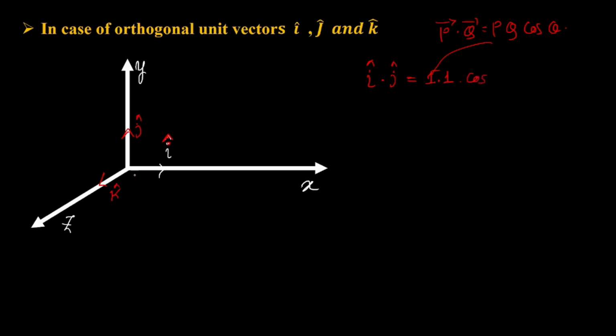Now what is the angle between them? The angle between them is 90 degree, so it is cos of 90 degree, that is 0. So the dot product of I cap and j cap is 0. Similarly, the dot product of j cap and k cap is also 0. Similarly, k cap dot I cap equals 0 because they are perpendicular to each other.